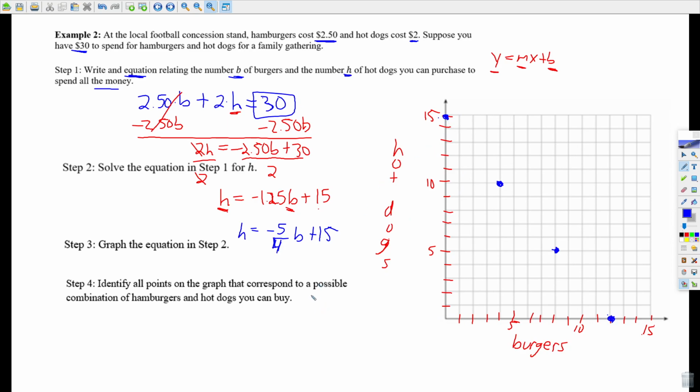So as a point, we're going to do burgers, comma, hot dogs. Let me erase this here. So we could do 0 and 15 hot dogs, right? We could do, what else? 1, 2, 3. Looks like we do 4 burgers and 10 hot dogs.